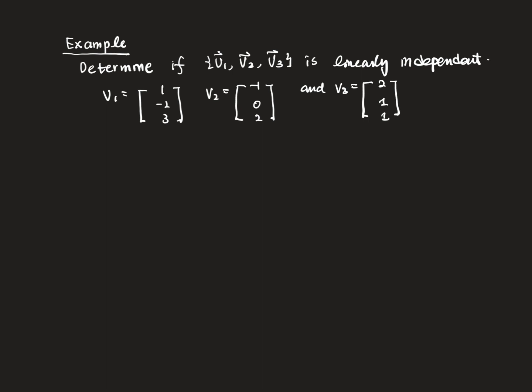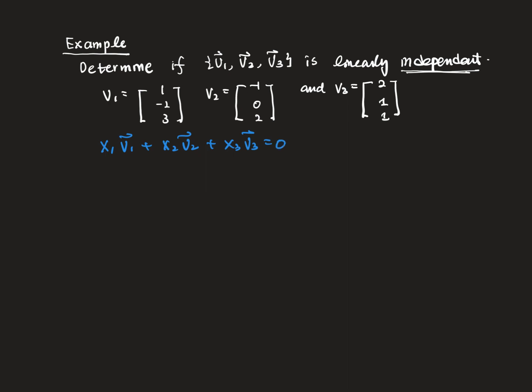Let's practice with three vectors v1, v2, v3. We're asking whether they are linearly independent or not. So you have x1 v1 plus x2 v2 plus x3 v3 equals 0.